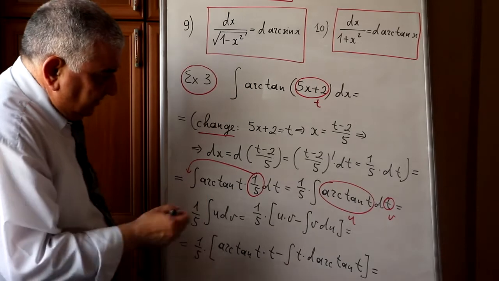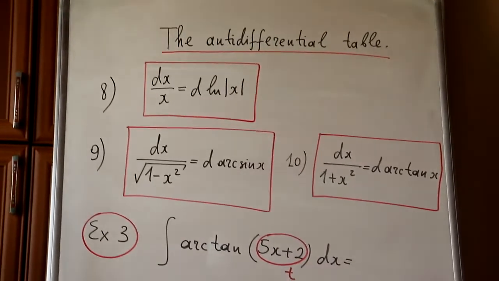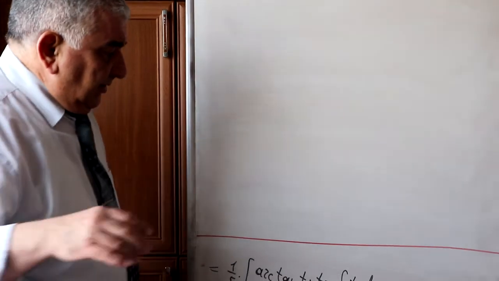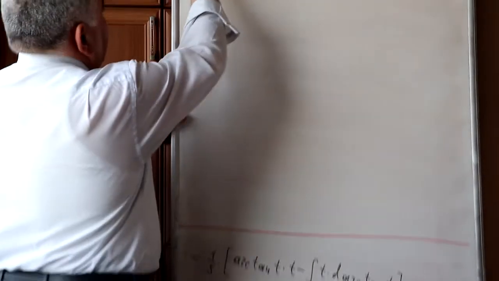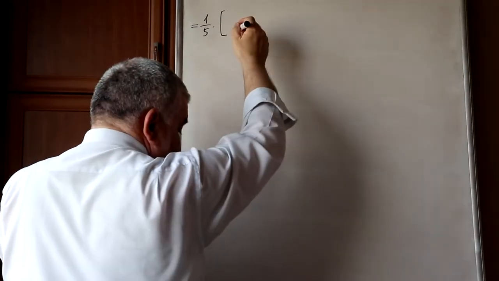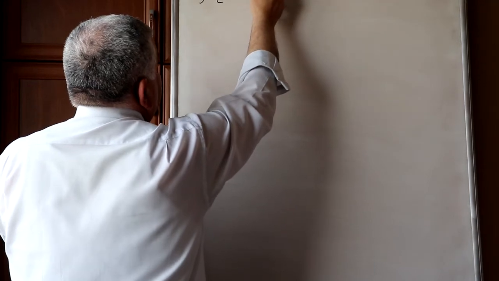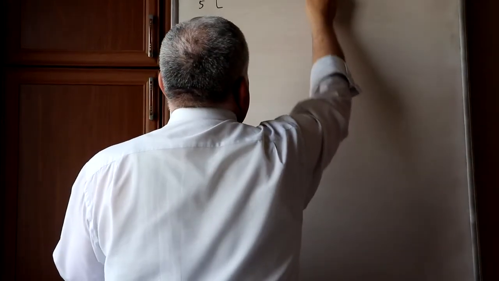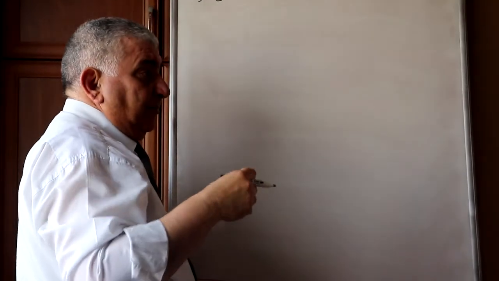Then continue. Change the places of these factors, equals 1/5 multiplied by t multiplied by arctangent t minus the integral of t, and d of arctangent t is arctangent t prime multiplied by dt.